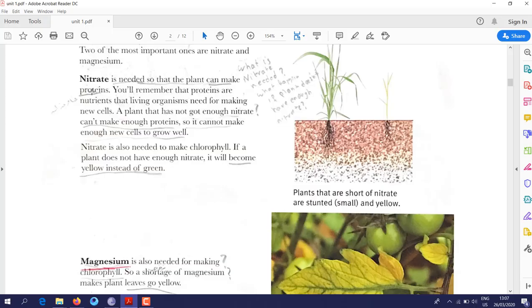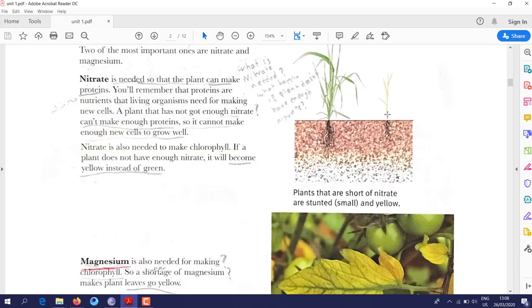It helps the plant to grow. So as you can see here, plants that are short of nitrate are stunted, small and yellow. If you look at these two drawings, you will see we have the same kind of plant, but here it's green, it's big, but here it's small and yellow.